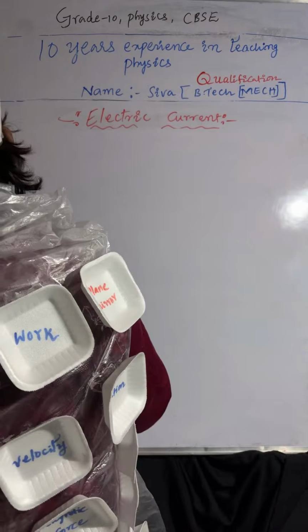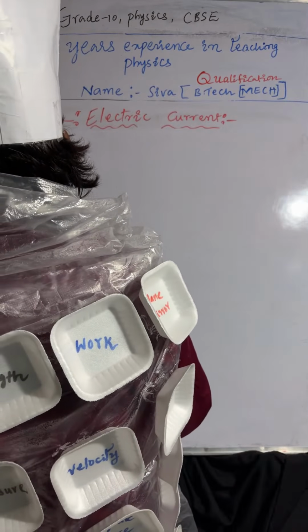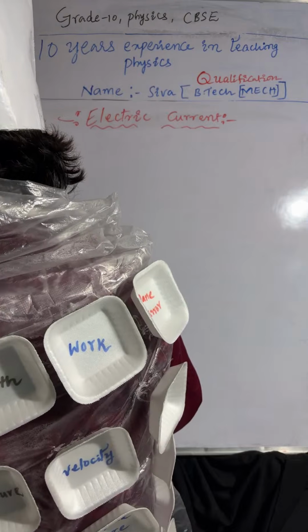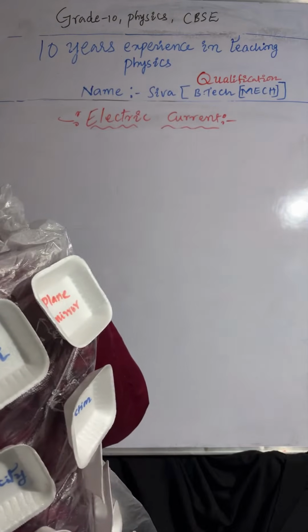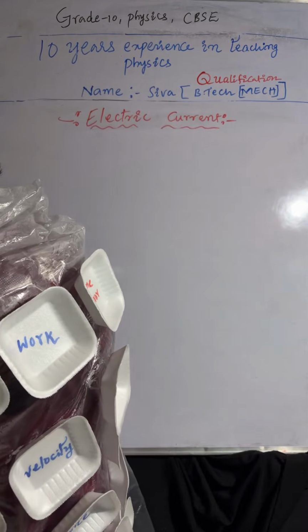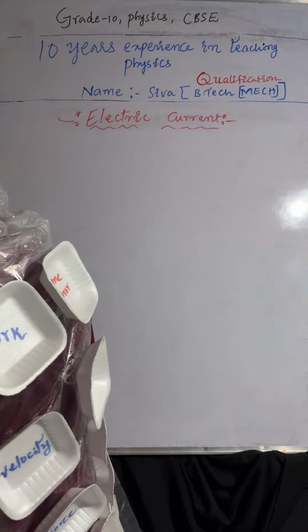Considering the following electrical circuit diagram in which 9 identical resistors, what is the relationship between the readings of the ammeters? Okay, it's a lengthy question.